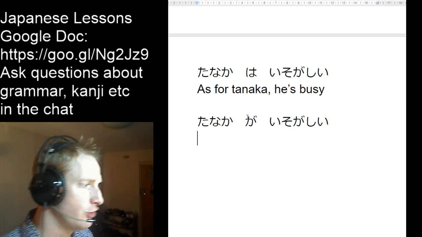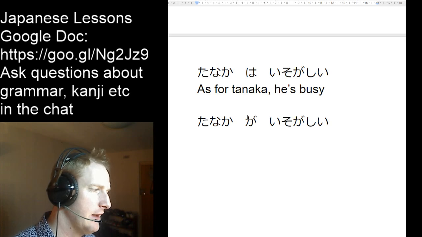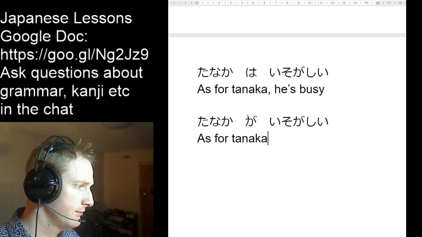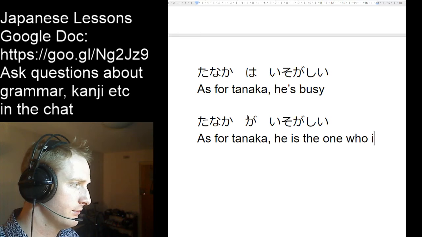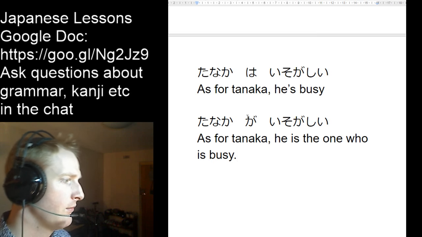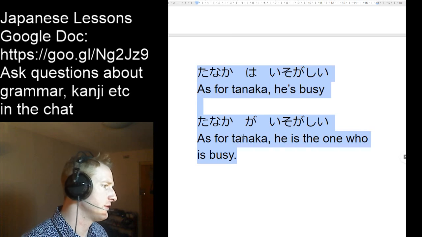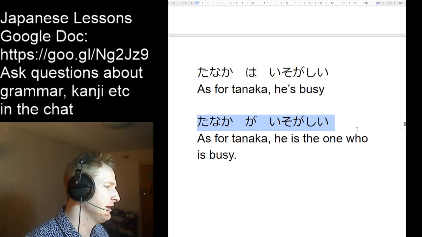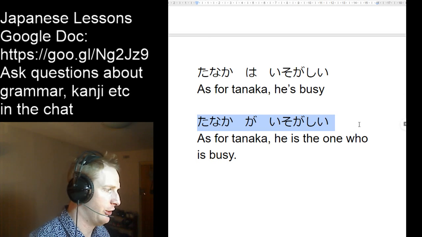But if we use our trick of translating ga as the thing that or the one that, we get a bit of a different translation for this one. This Tanaka ga isogashi, it's kind of unlikely that someone's just going to blurt this phrase out.